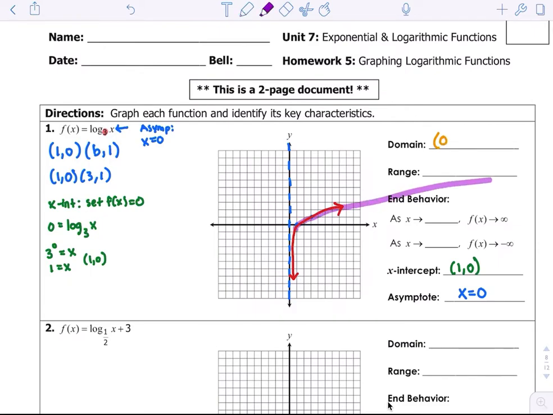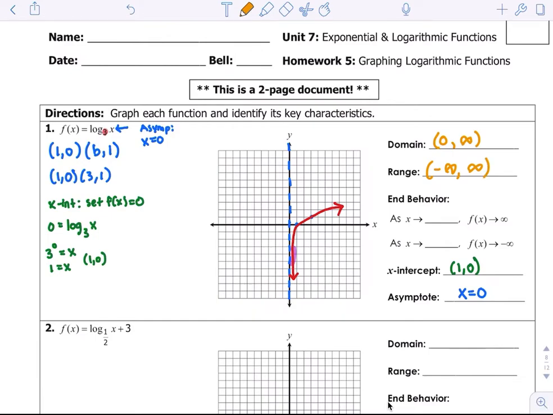All the way to infinity. So 0 comma infinity. Range, how low does this graph go? Well, if you take a look, it goes all the way to the bottom. So negative infinity to how high this graph goes. Follow along. And if you notice, it's slowly but surely going to continue to go upward. So it's going to be infinity.